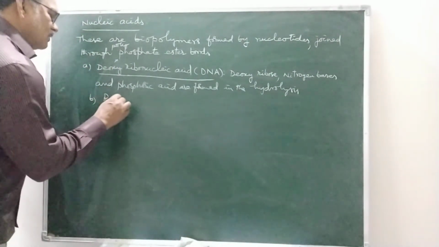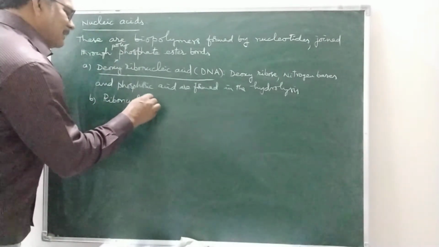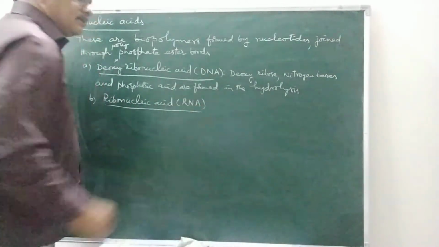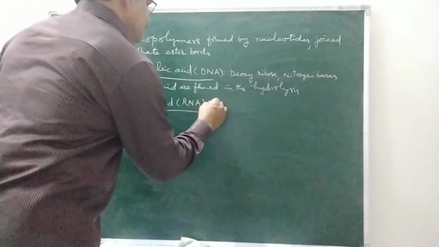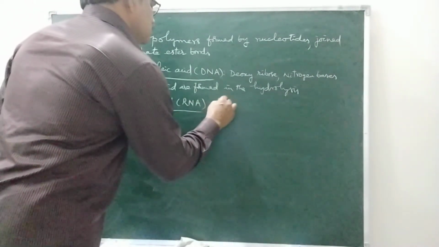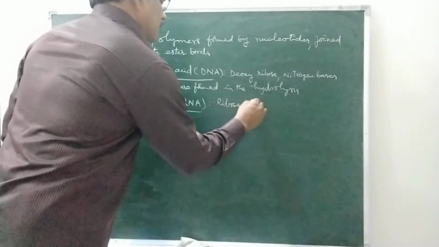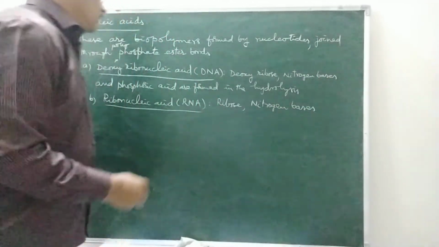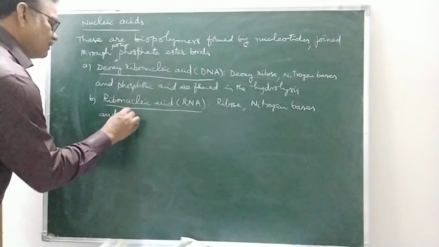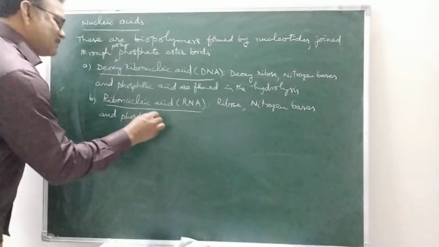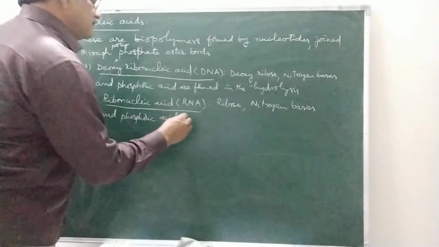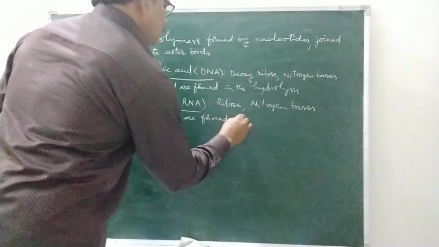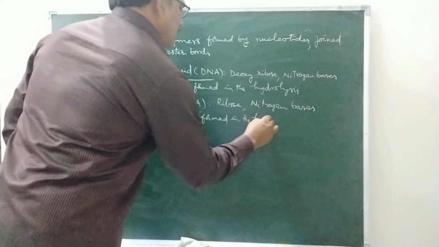And ribonucleic acid, RNA, on hydrolysis gives ribose, which is a pentose sugar, nitrogen bases, and phosphoric acid.